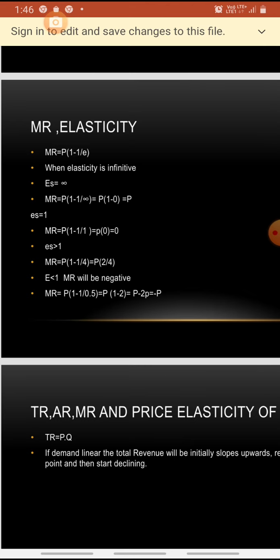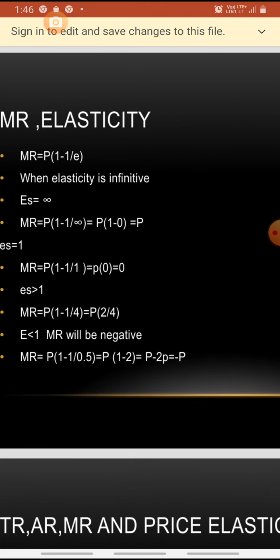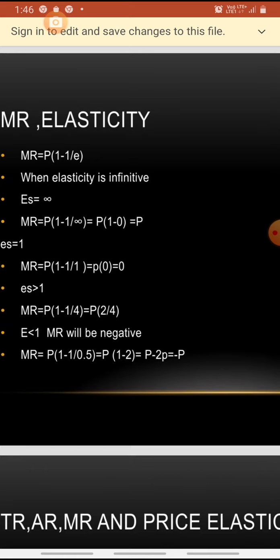The relationship between marginal revenue and elasticity is given by the equation MR = P × (1 − 1/E), where E means elasticity. Let's check what happens to this equation when elasticity is infinity.